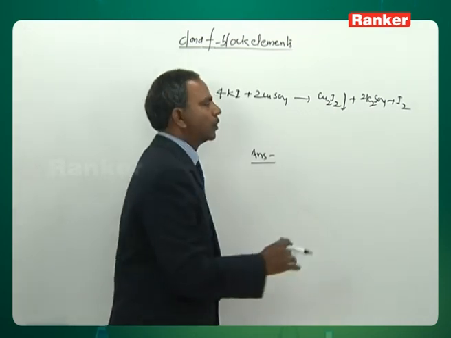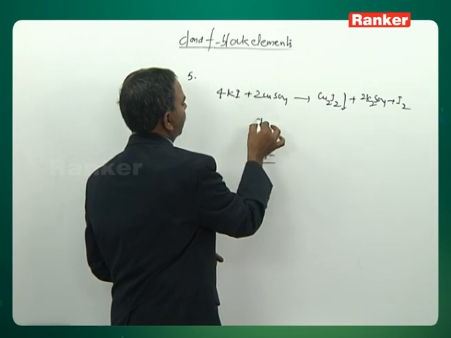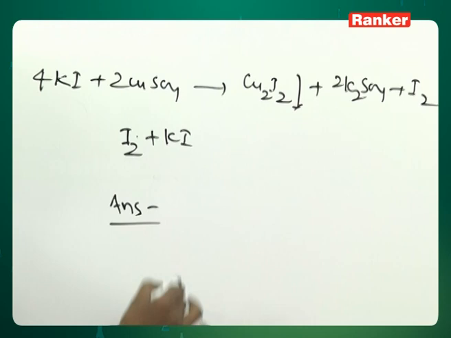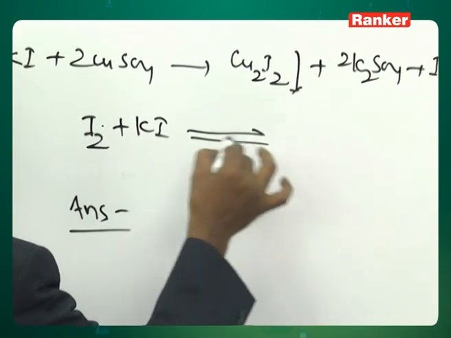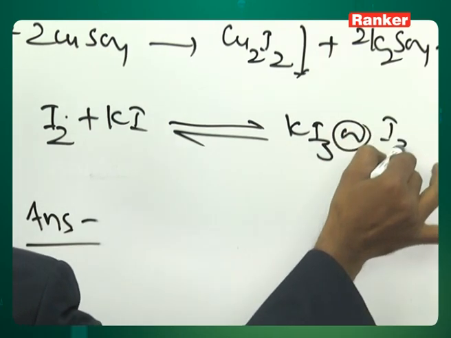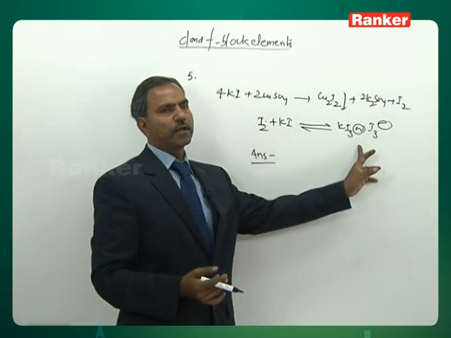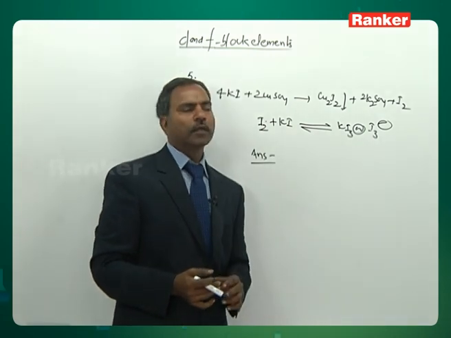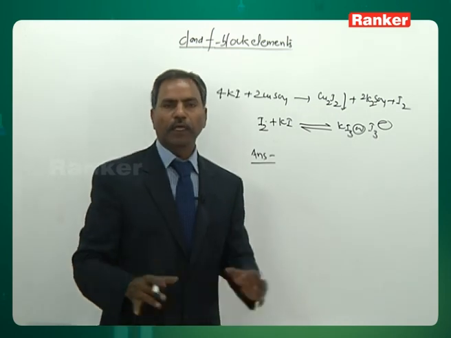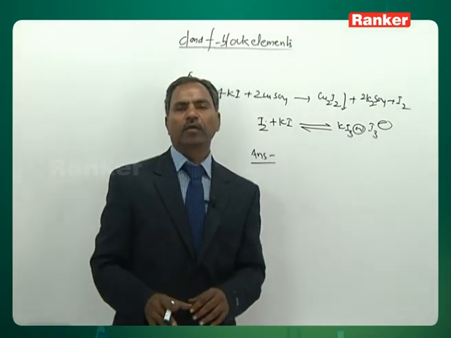As I2 is produced in the first equation, this I2 freely reacts with a little more KI, giving rise to a complex KI3, that is, the triiodide ion complex. Wherever a complex is produced, KI converts into KI3, and KI3 is soluble in water.